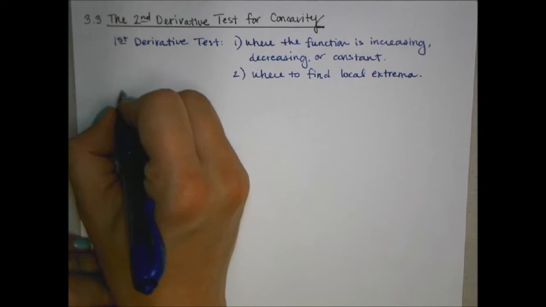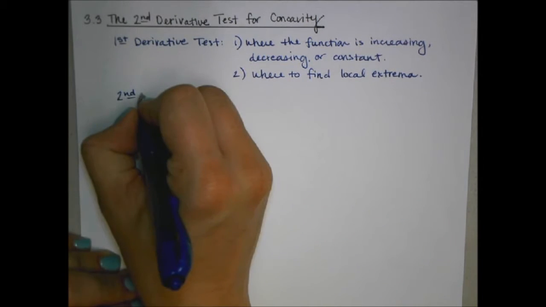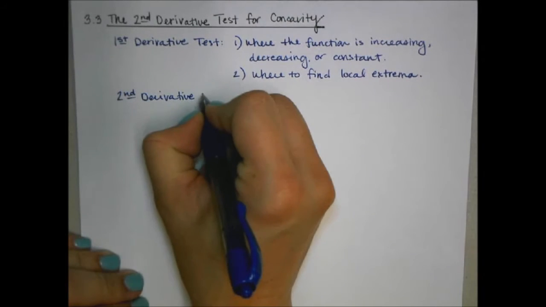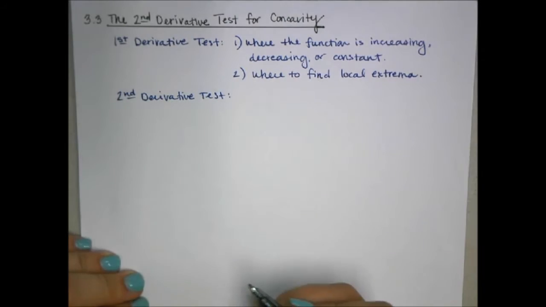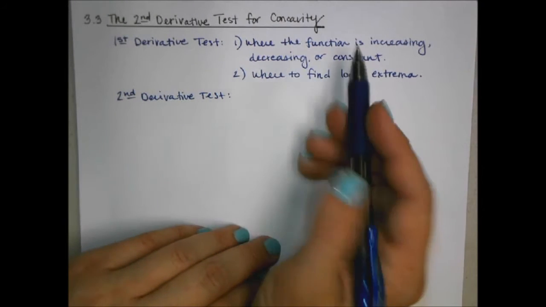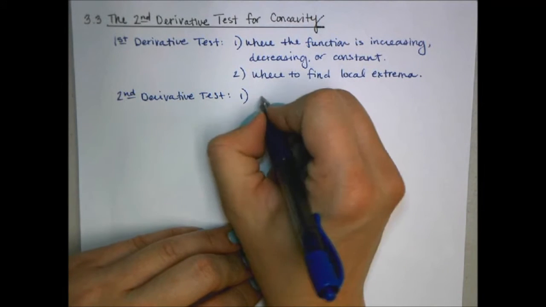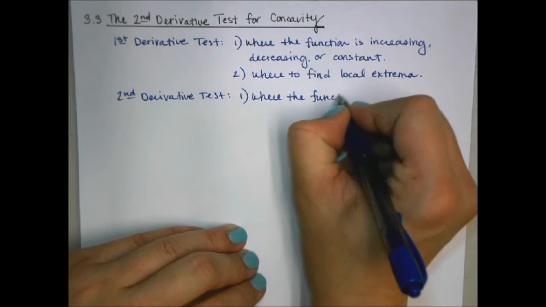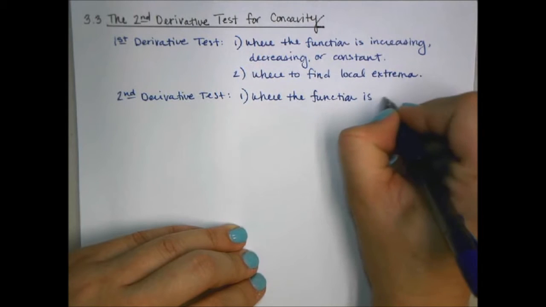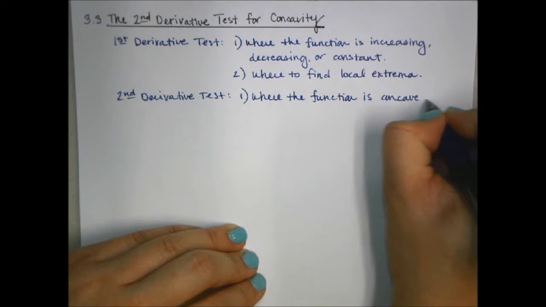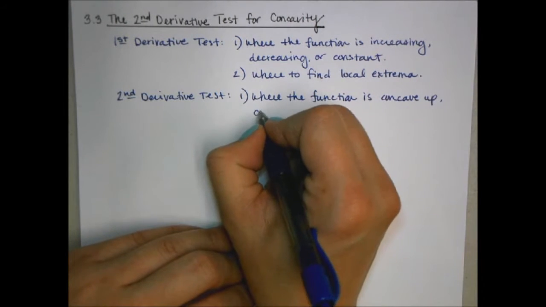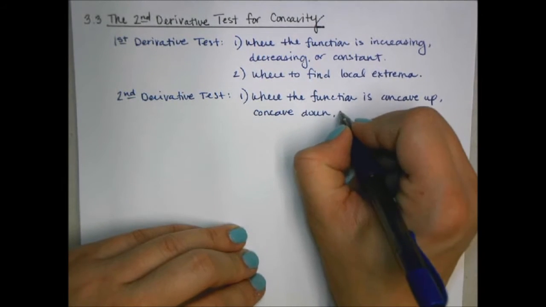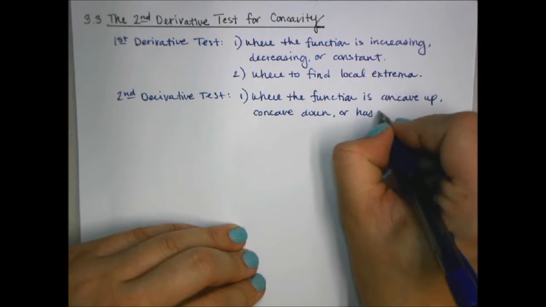The second derivative test will tell us two things about the concavity of a function. So first, it will tell us where the function is concave up, concave down, or has no concavity.